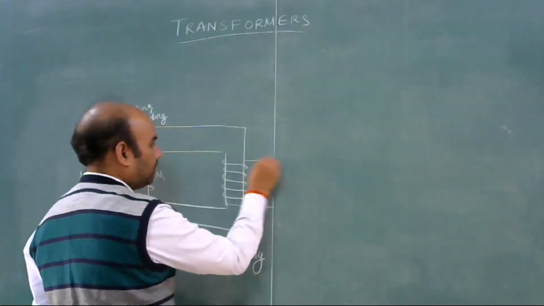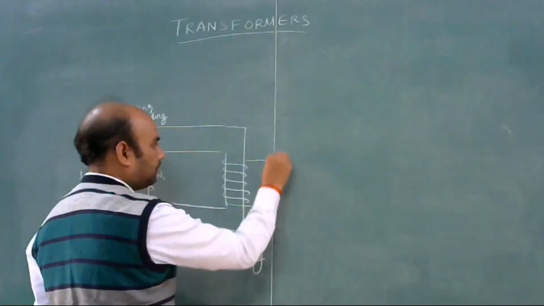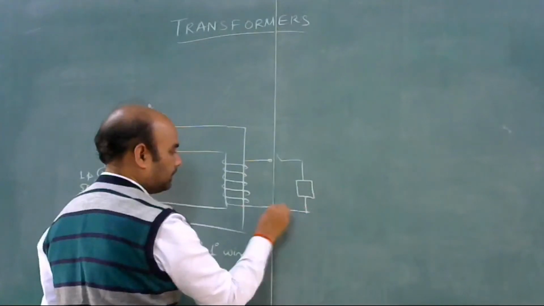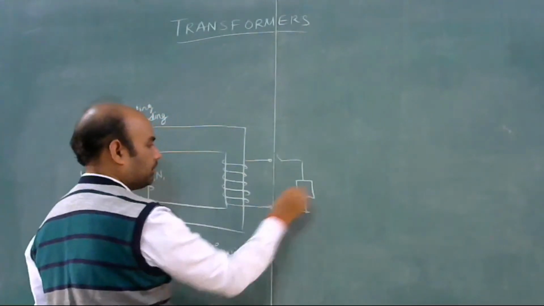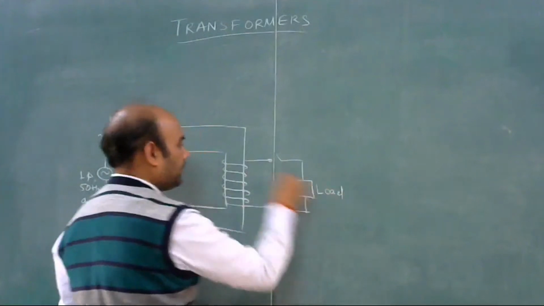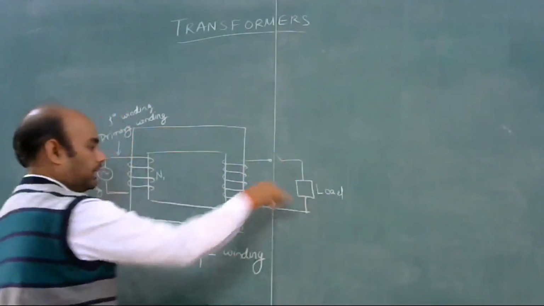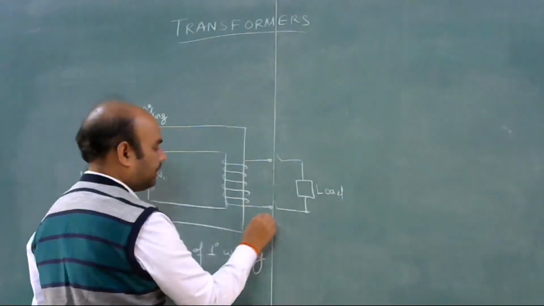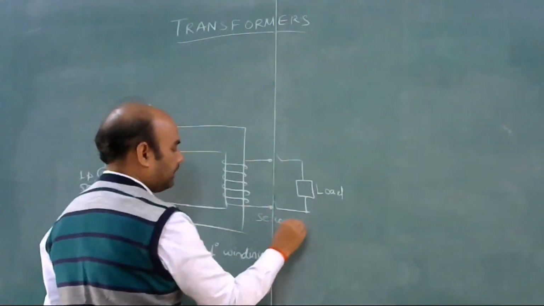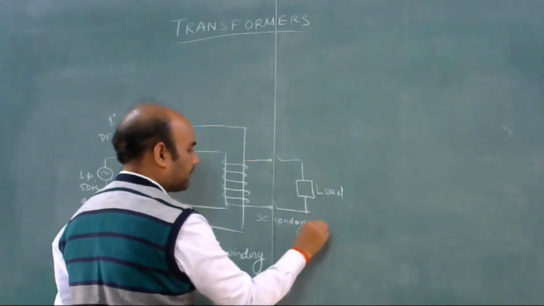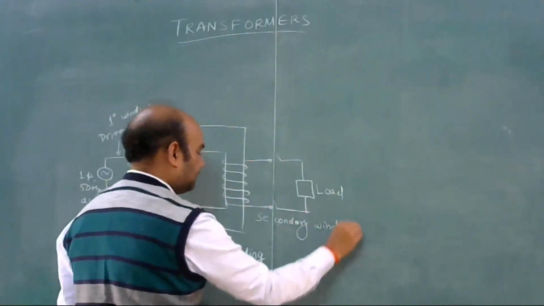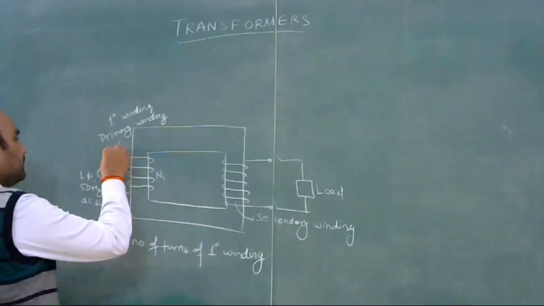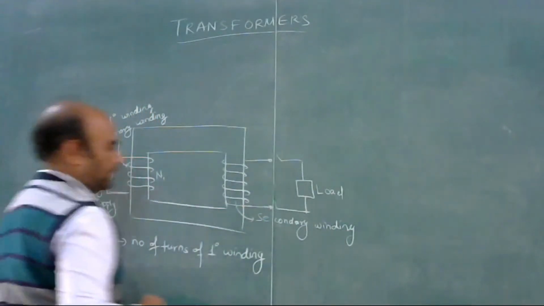Here it is open circuited. We will connect a load here. So this is the load side. Now it is open circuited, not connected with the load. Where the load is connected, it is generally referred to as the secondary winding or secondary side. So this is the secondary winding, and this is the primary winding.